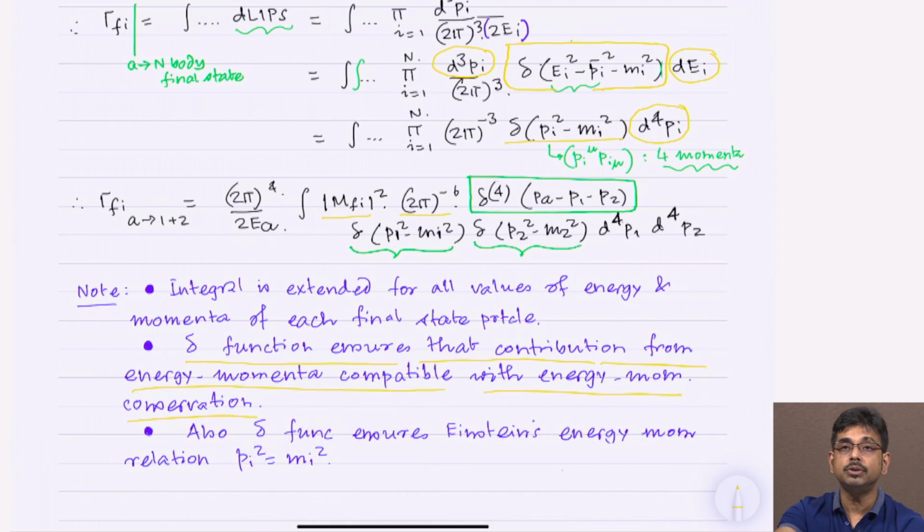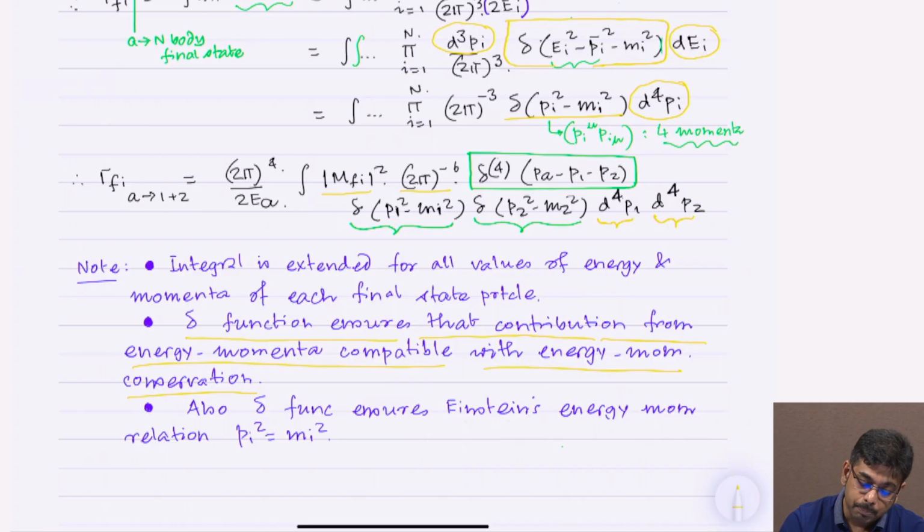So, I integrate over all possible values of the energy and momentum, and this is now a measure with respect to the 4 momentum instead of the 3 momentum. And finally, this delta 4 of Pa minus P1 minus P2 is telling us the energy momentum conservation of the initial and final state particles.